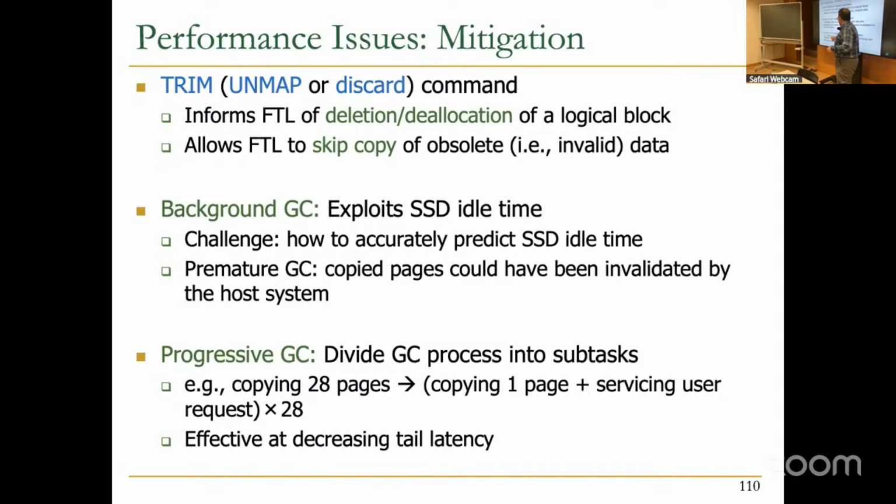For example, if you want to copy 28 pages, you copy one page and then you service one user request, and do it multiple times. You don't say, I'm copying 28 pages and I'm not going to do anything else until I'm done. Doing it progressively is very effective at decreasing the tail latency of your requests.